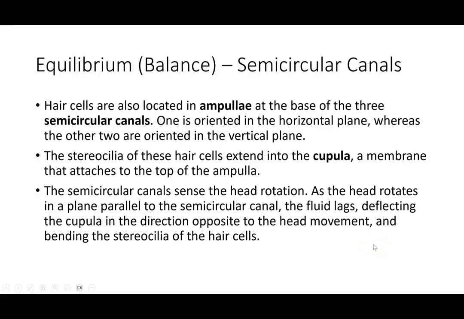So as the head rotates in a plane parallel to the semicircular canal, the fluid's going to lag. The fluid's not going to move as quickly because we're basically moving in the same plane as that semicircular canal. So it's going to deflect the cupula in the opposite direction of the head movement.